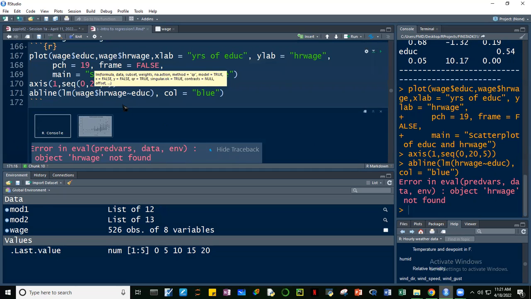Hindi na basa yung ano. Remember guys, hindi na re-recognize ni R itong hourly wage kasi wala siya dito sa mga objects natin, no? Unless, when will this work, guys? Review nga. When will this work? Itong code na to, guys. When will this work?